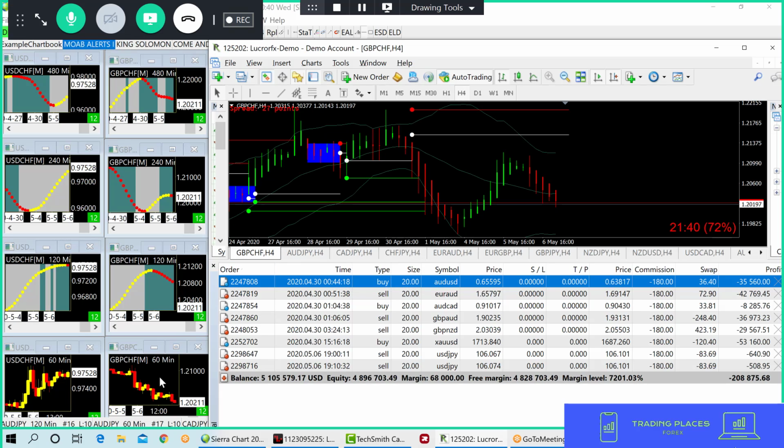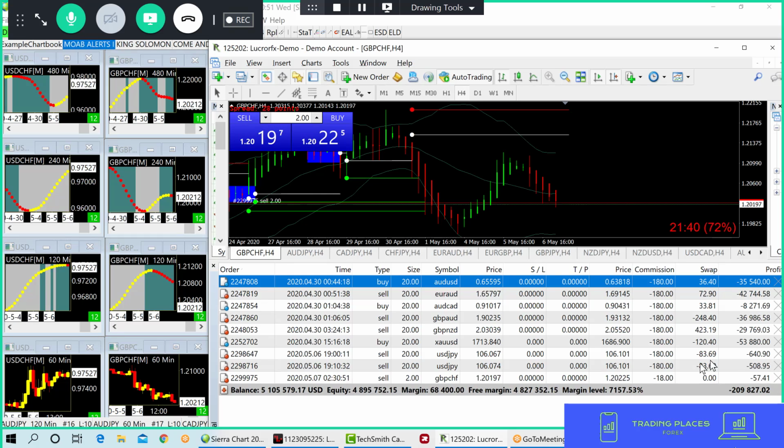Okay, so pound Swiss, short, short, short. It's not quite there yet, but let's go ahead and take it. It'll show right here. The reason why it immediately went negative is because their commission comes out of it. But let's take a look at it.